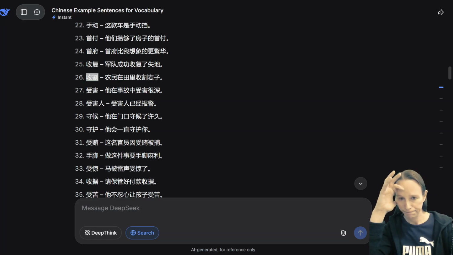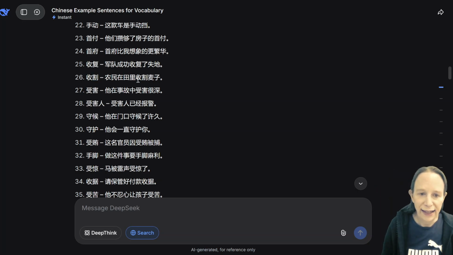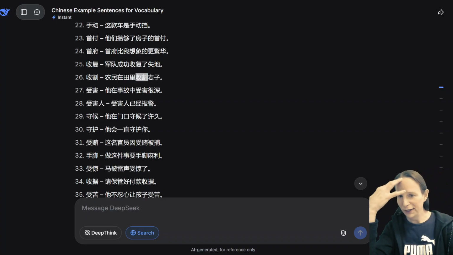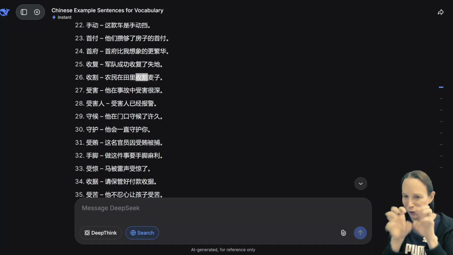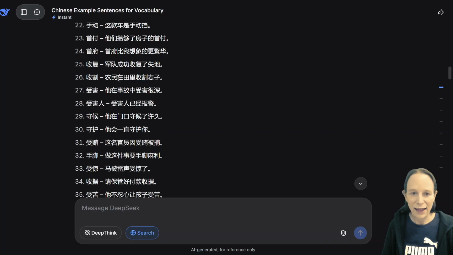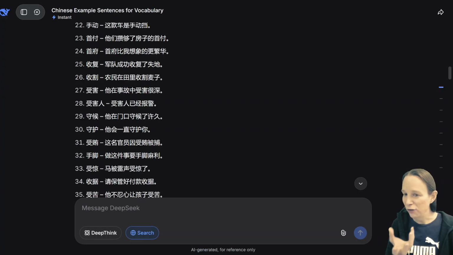Sugar. Not sure. 农民在田里收割麦子. Oh yeah. So shou again, it's the effective shou. It means you're doing something. So the farmers are doing something. What are they doing? They're go. This good, go. They're mowing, but they're not really mowing. 麦子 is some sort of grain. Maybe it's just a generic grain.